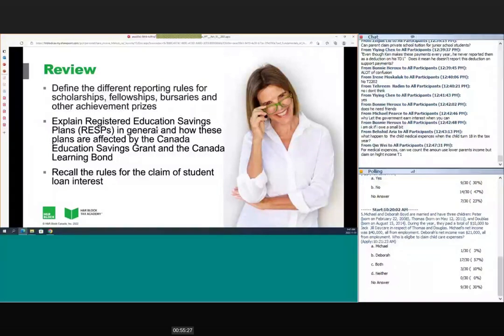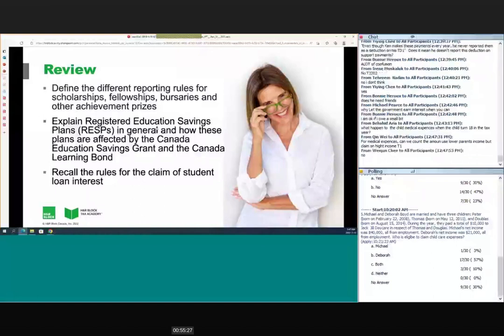Oh, we have another question. For medical expenses, can we count the amount, use the lower parent's income, but claim on the higher income? No, you can't do that.